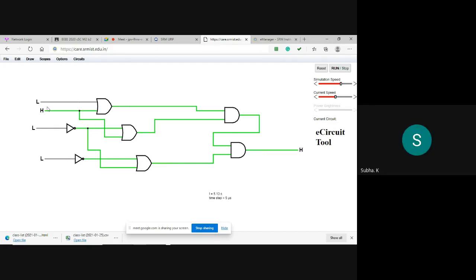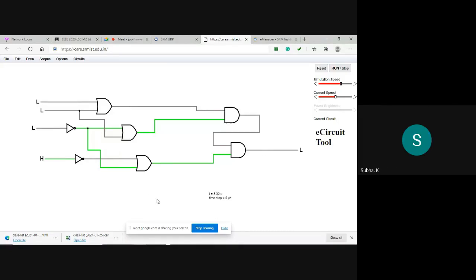Okay, next combination: A is 0, B is low, C is high, and D is low. 0, 0, 1, 0. So what is the output as per the truth table? Low.